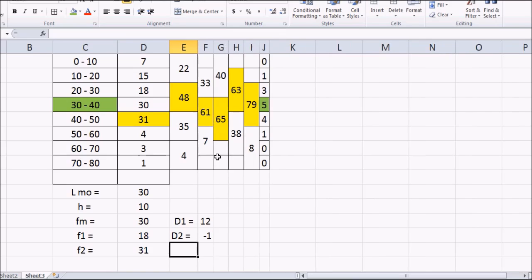And we see here that one of the deltas is negative. This is the unusual thing here, when the maximum frequency does not fall into the modal class.